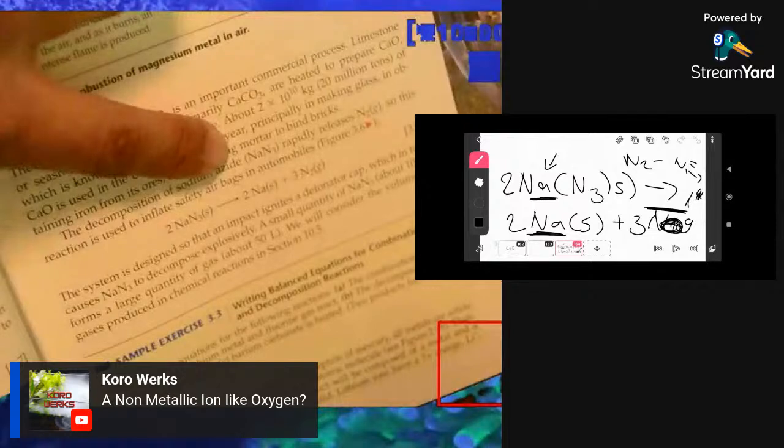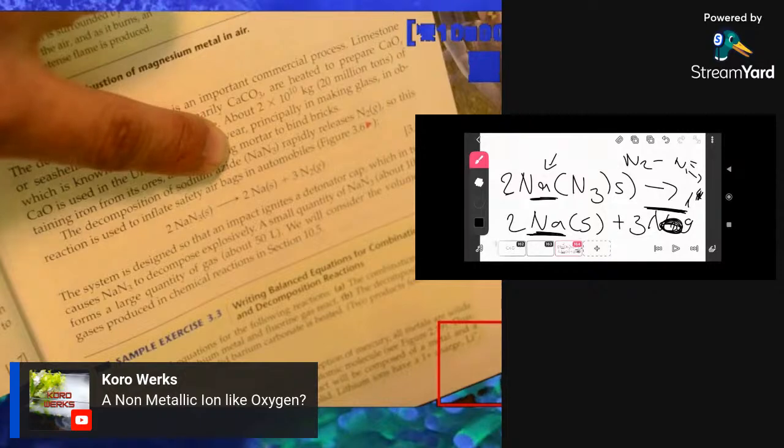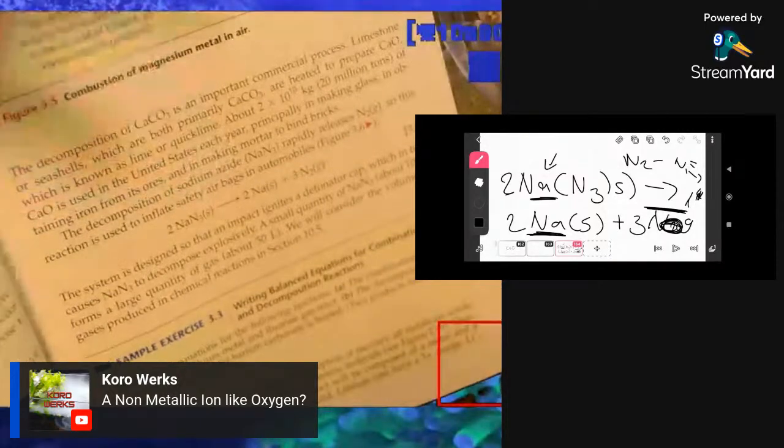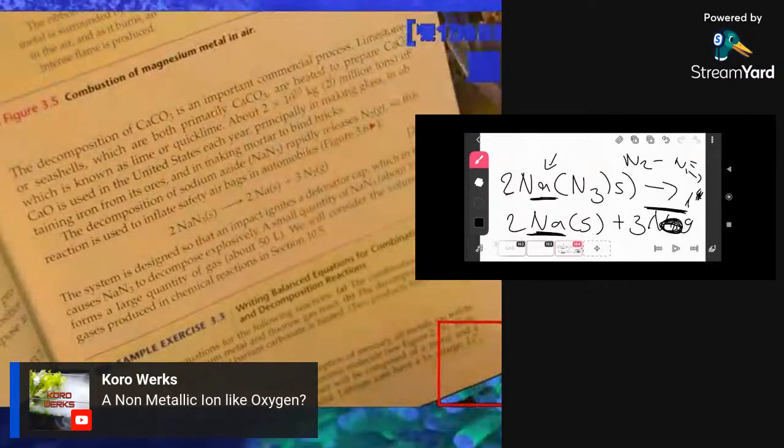So basically, it explodes. Exothermic reaction. A small quantity of sodium azide, about 100 grams, produces gases. Chemical reactions are covered in section 10.6. All right, so that's when we get to 10.6.